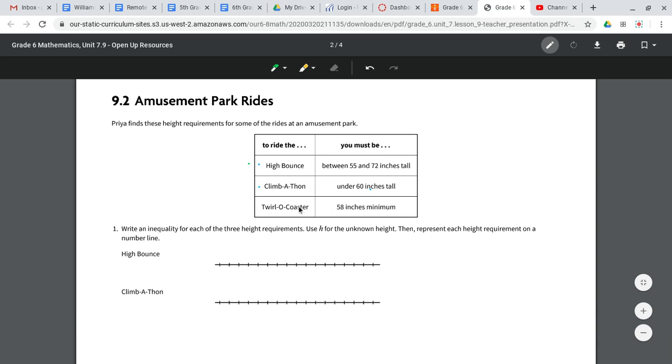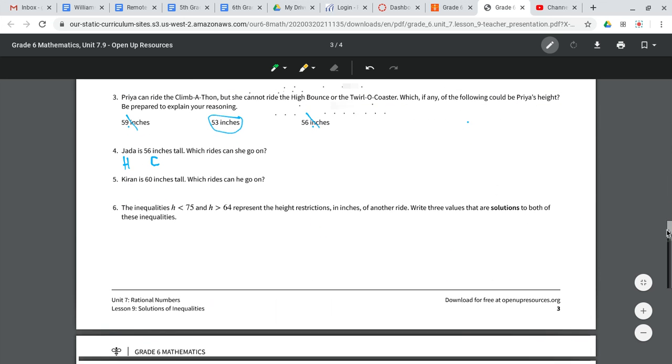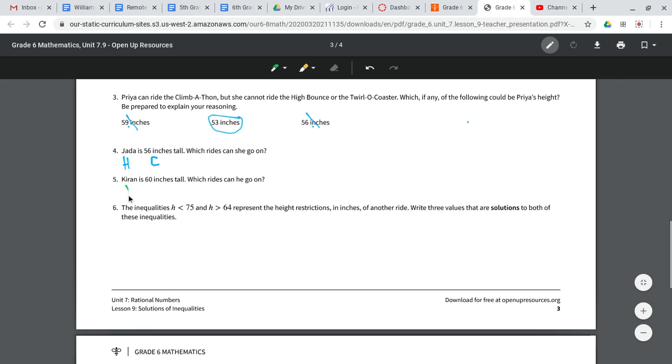And for the twirl coaster, he had to be more than 58 inches. 60 is more than 58, so he can also be on the twirl coaster. So high bounce and twirl coaster. So another H here, and T for twirl coaster. So those are the two that he can be on.